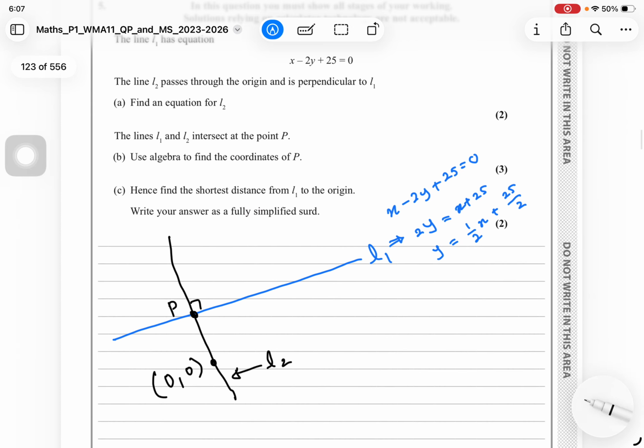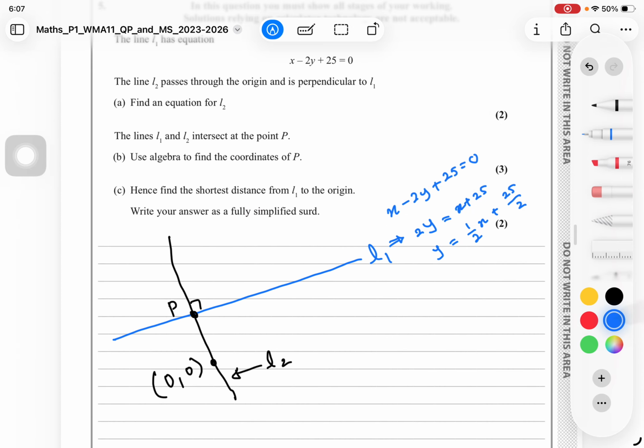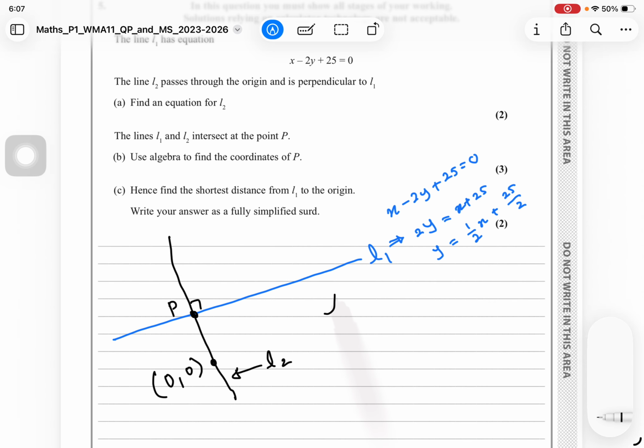Since we know they are perpendicular, given that L1 and L2 are perpendicular, we know M1 times M2 equals -1.